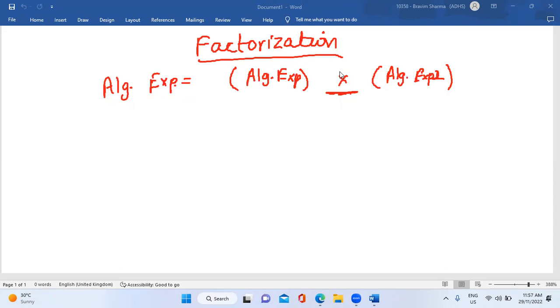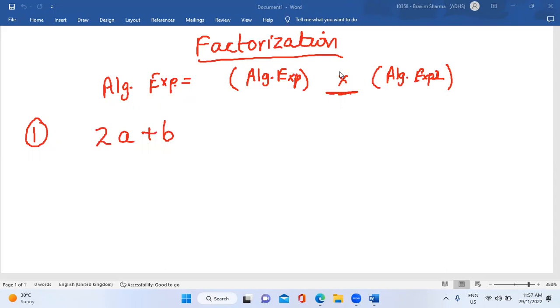Okay, before I start today's lesson, which is based on the actual factorization of first type, we will be discussing questions of the type 2a plus b. We will be factorizing this.